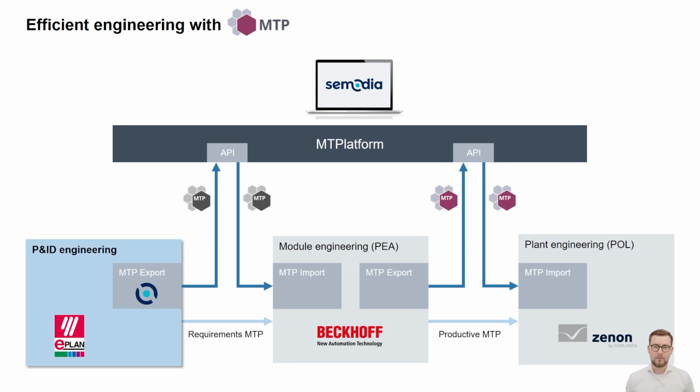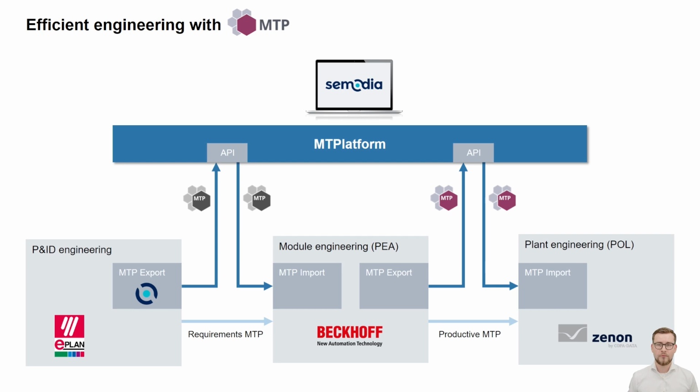So in this MTP file, the requirements MTP file, we have a basic structure of our PEA. When we export this file, we can directly push it to the MTP platform from Semodia via an API. On the MT platform, you can have a view of this MTP file, for example, of the HMI.